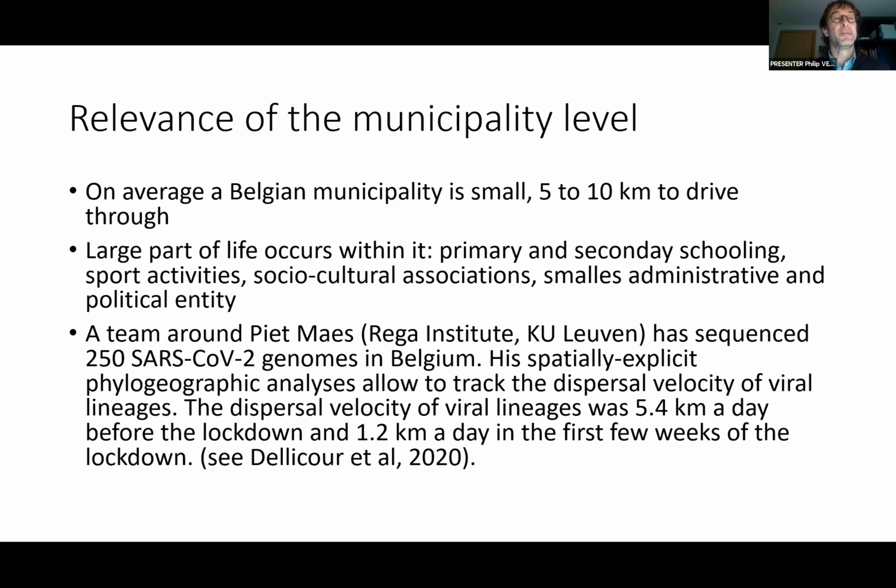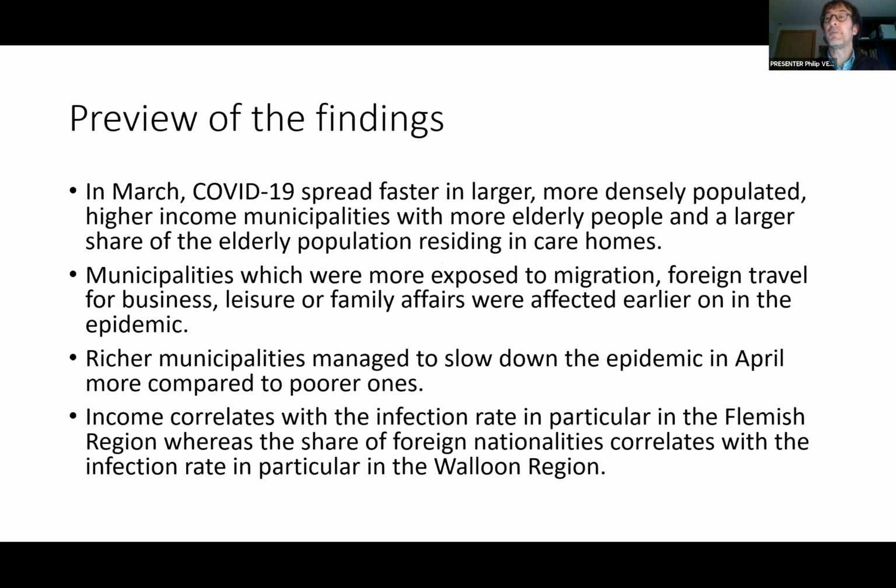All right, so let me give a preview of my findings. So in March, COVID-19 spreads faster in larger, more densely populated, higher income municipalities with more elderly people and a larger share of the elderly population residing in care homes.